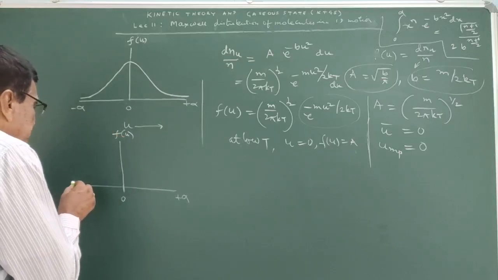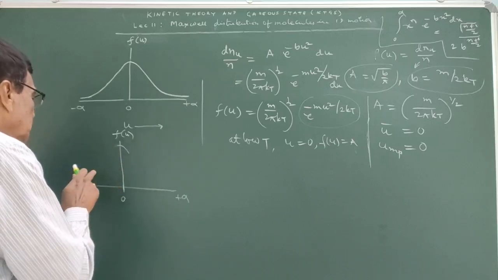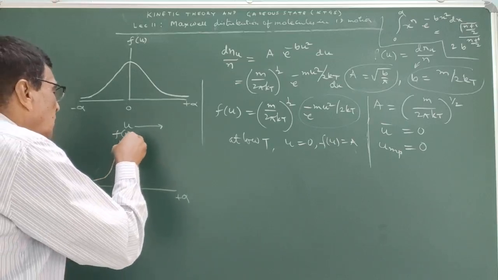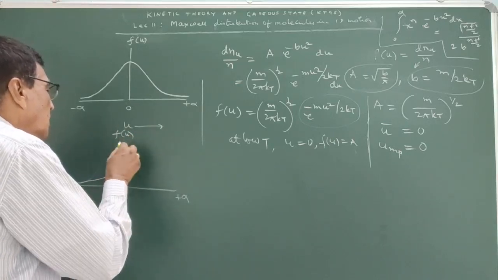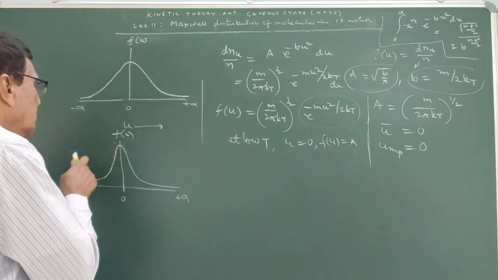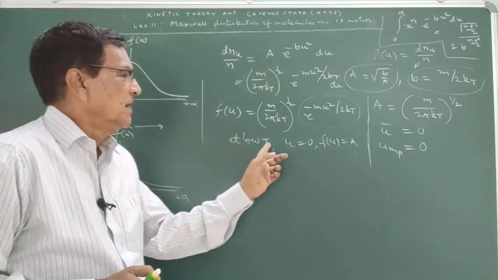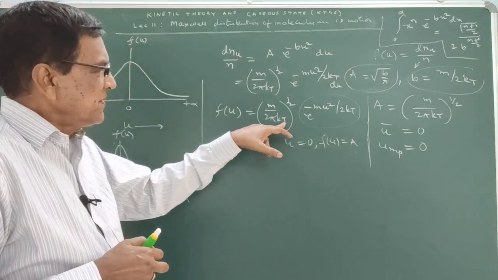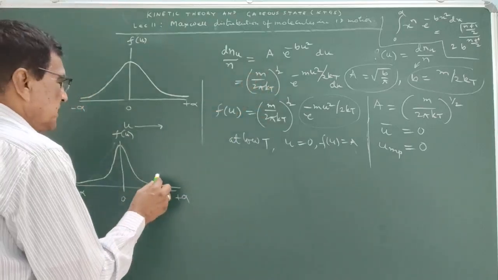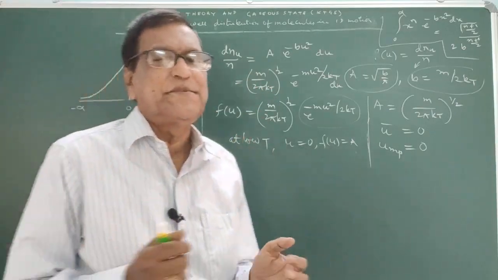Then at lower temperature, this A will be very high, and this is the A. So A will be greater. At lower temperature, this value is higher. But this is, suppose, the temperature is T1. T1 is the lower temperature.